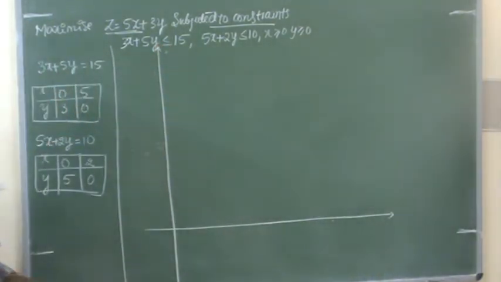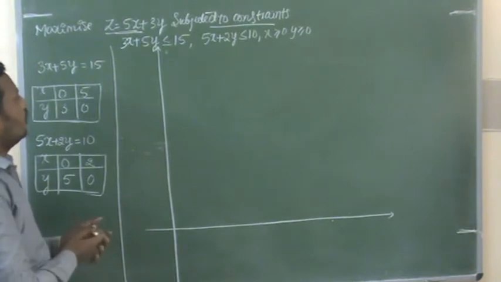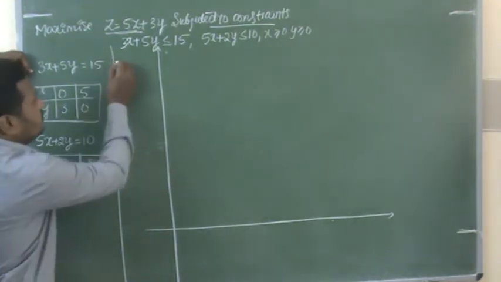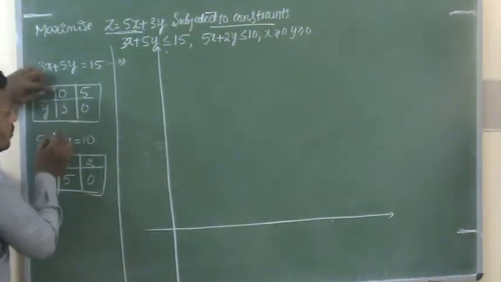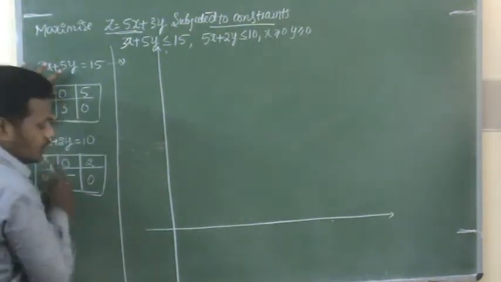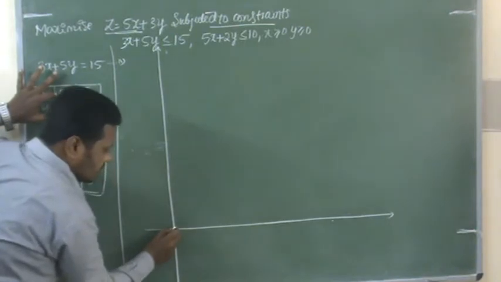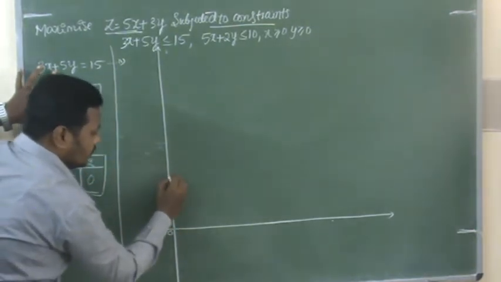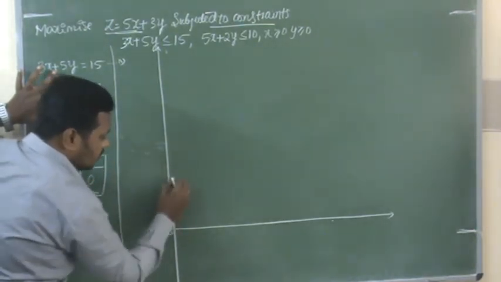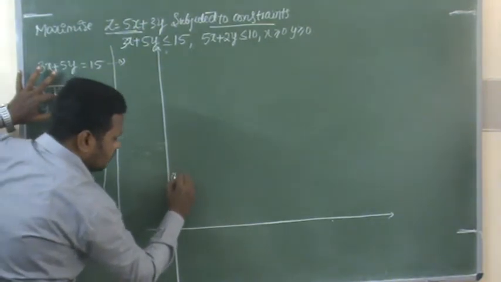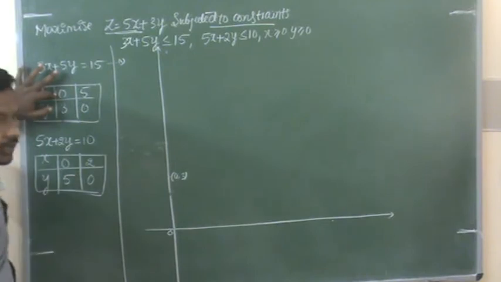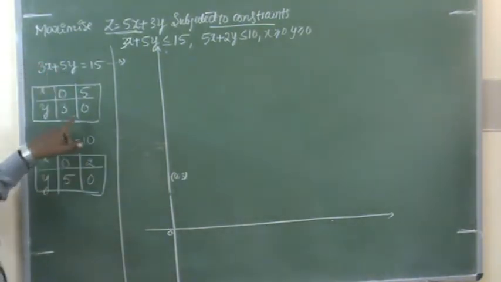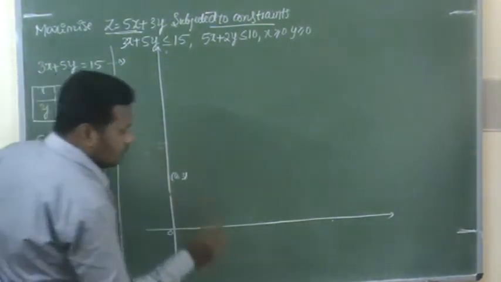Okay, see here, for the first equation, when x is equal to 0, the y value is 3. This is approximate. This is the point 0, 3. Now y is equal to 0, x value is 5.